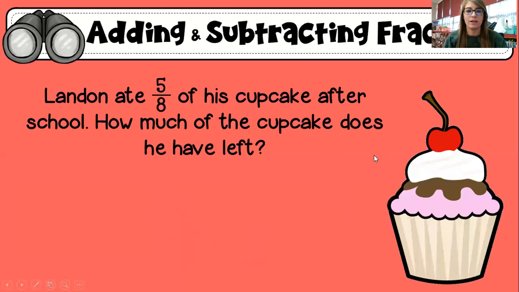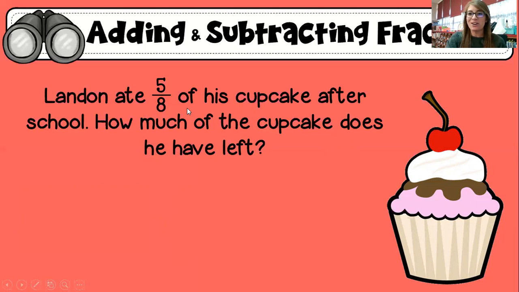Very good. All right, let's look at a couple of word problems. It says, Landon ate 5/8 of his cupcake after school. How much of his cupcake does he have left? I know you're probably saying, ugh, Miss Stevenson, there's only one fraction. Now there is only one fraction, but you gotta think, we know that denominators tell us what?